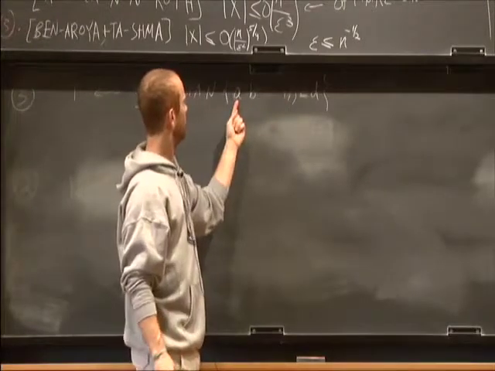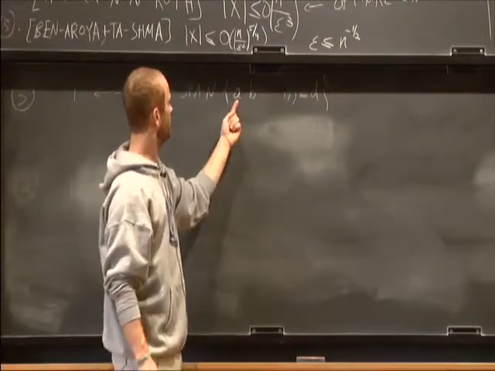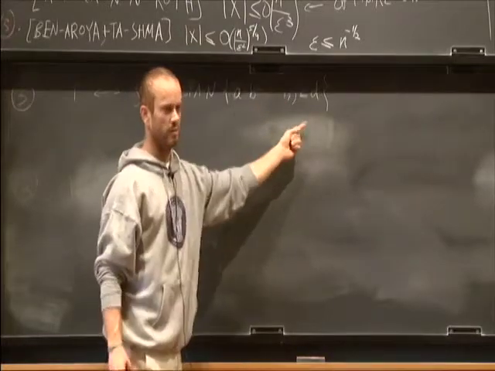So we will have polynomials in two variables, and the individual degrees are at most d.